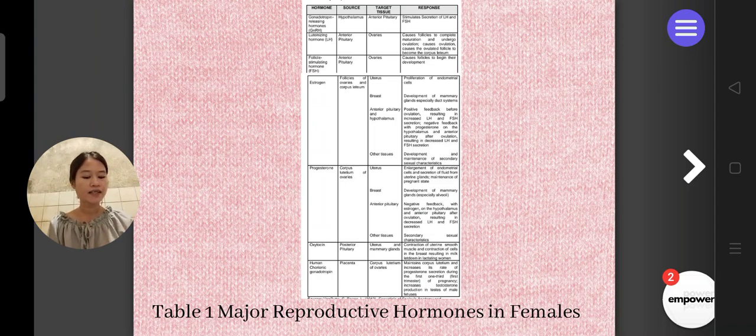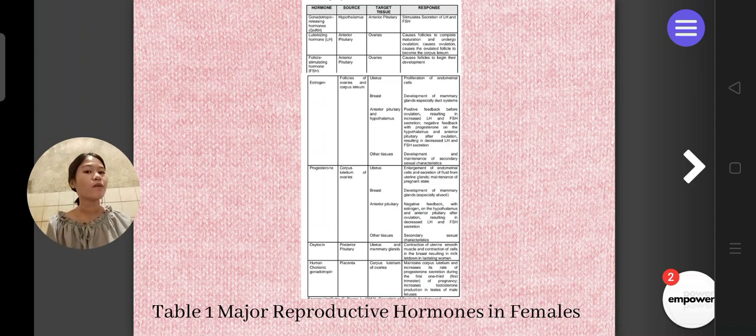The second is luteinizing hormone, or LH. The third one is follicle stimulating hormone. The fourth one is estrogen. Fifth, progesterone. Sixth, oxytocin. And lastly, human chorionic gonadotropin.